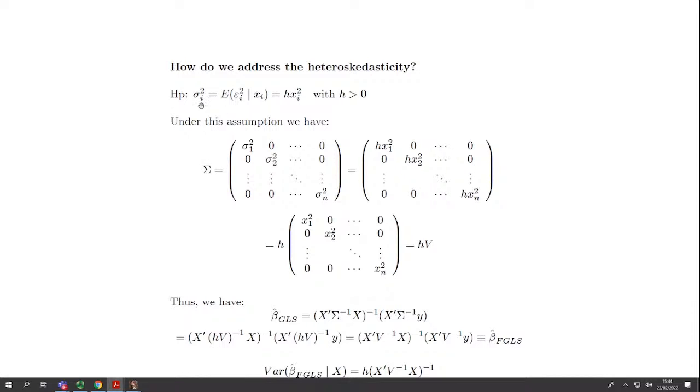Under this assumption, the big sigma will be sigma squared 1 equals h times x1, the log expenditure of household 1 squared. The second will be h times the log of total expenditure of household number 2, and so on.